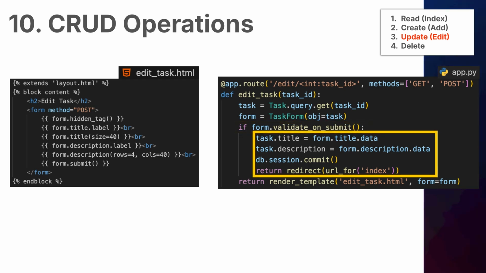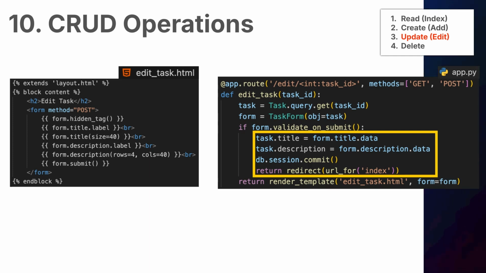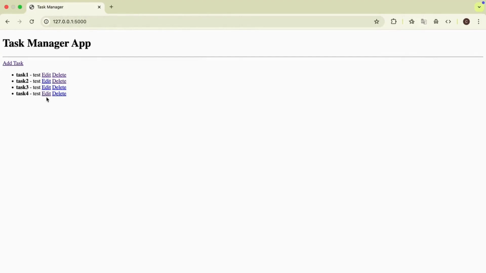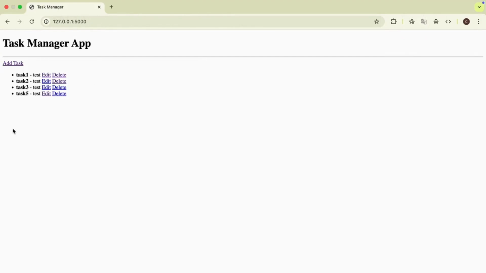If it's okay, it updates the task object with the new data from the form. Then it saves the changes to the database using commit, and redirects the user back to the home page after updating the task. Let's see how it works. The task name is edited correctly.